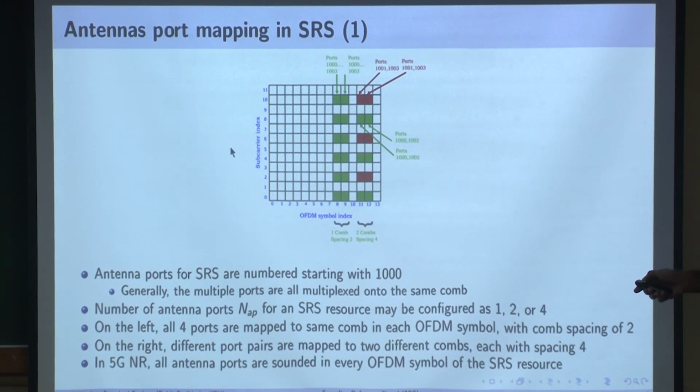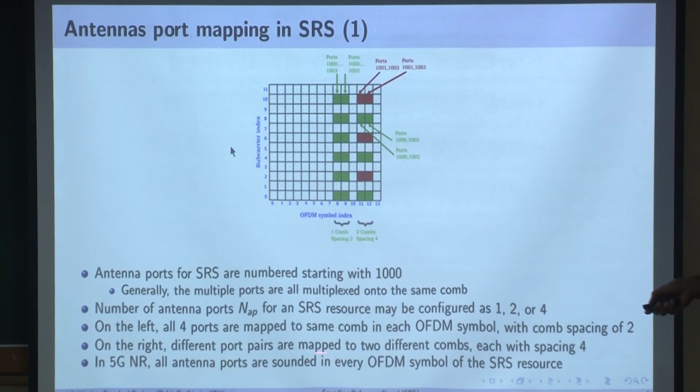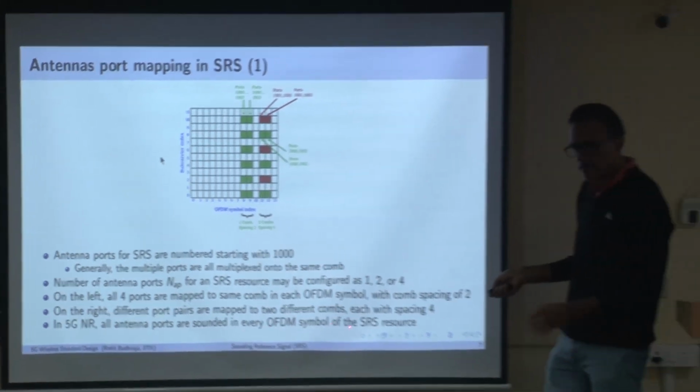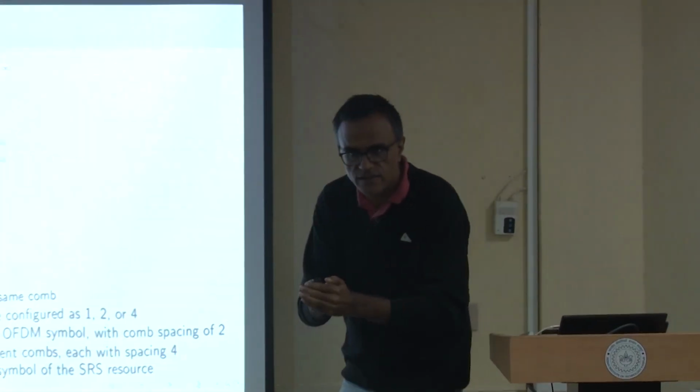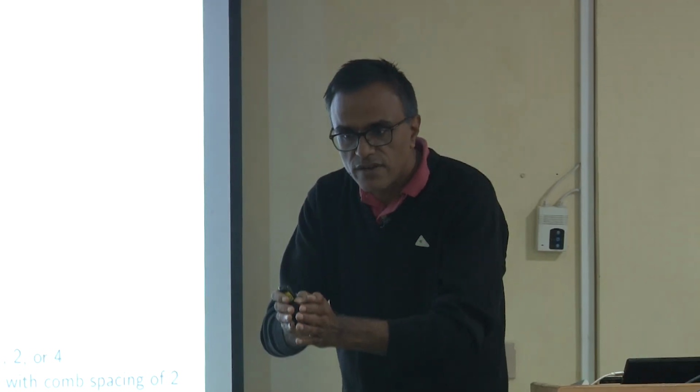So all the symbols will sound out all the different ports, wherever they are defined. In whatever symbol the SRS is defined, all the OFDM symbols will sound out all the antenna ports. That's this last bullet: all antenna ports are sounded in every OFDM symbol of the SRS resource.